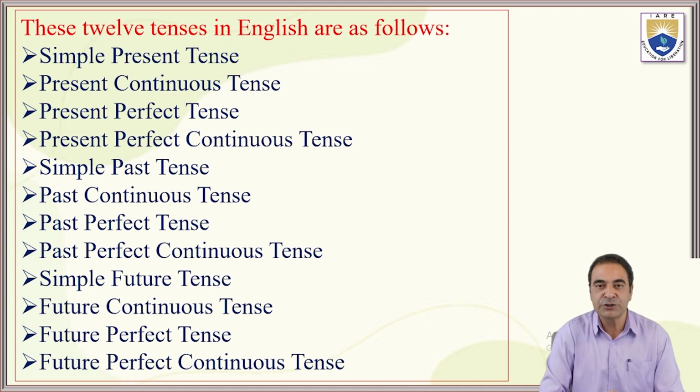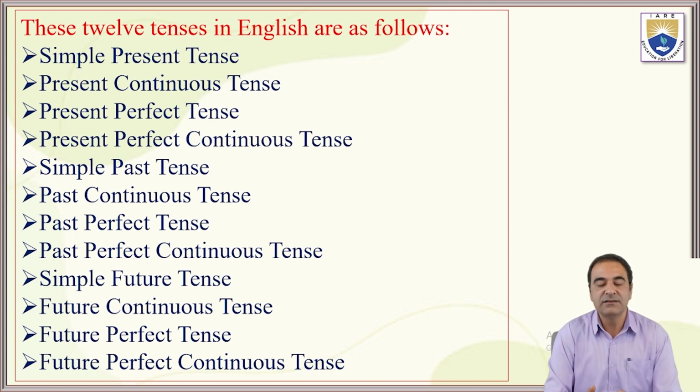In a similar fashion, we have four divisions of future time, and the first one is simple future. Then the second one is future continuous, and the third one is future perfect, and the last one is future perfect continuous tense. Now we will take these tenses one by one.